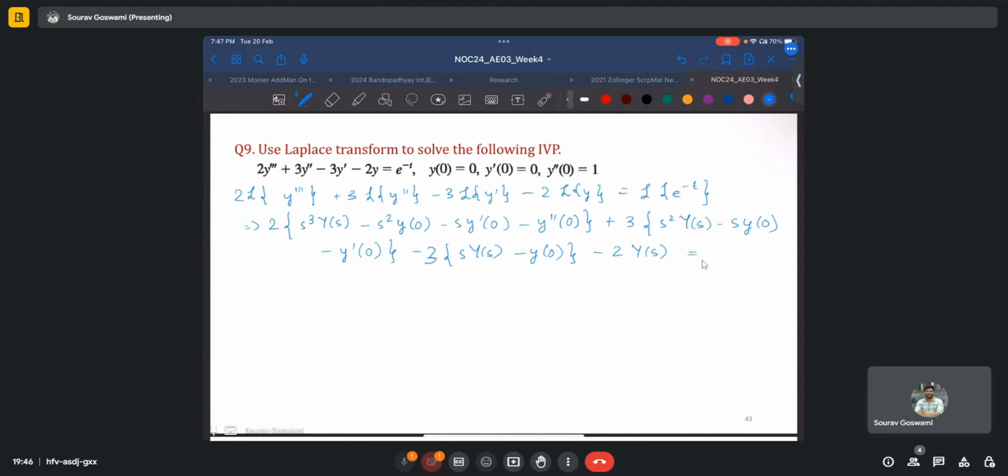The RHS is simply 1 by s plus 1, because remember the formula here is Laplace transform of e power at is 1 by s minus a.